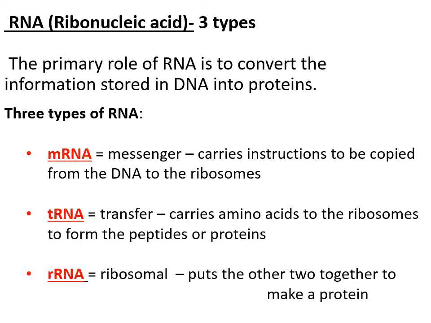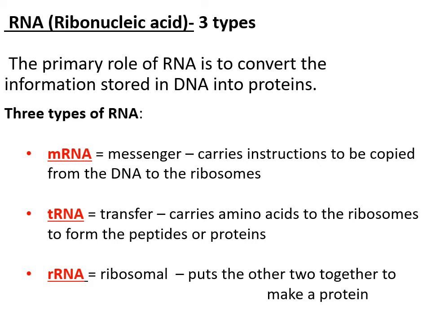And where do these proteins get coded for? Well, the information is initially within the DNA. So we have mRNA, which is messenger RNA, and this is going to be basically a copy from the DNA. It's going to be transcribed right off the DNA in the nucleus, and carry instructions from the nucleus into the cytoplasm.